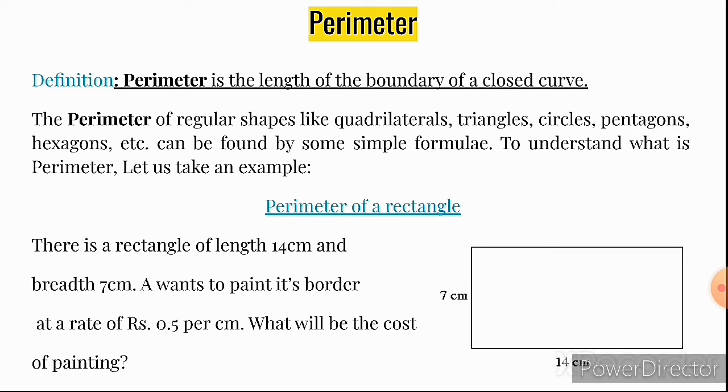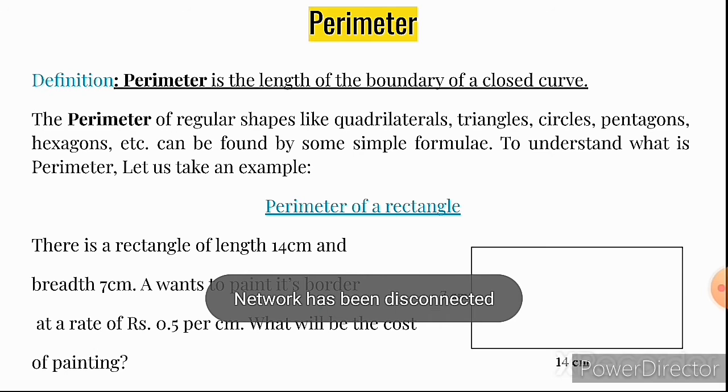A person wants to paint its border at a rate of rupees 0.5 per centimeter. What will be the cost of painting? It's an easy example. Hope you will get the solution by yourself, but let us derive how the perimeter of a rectangle can be found.